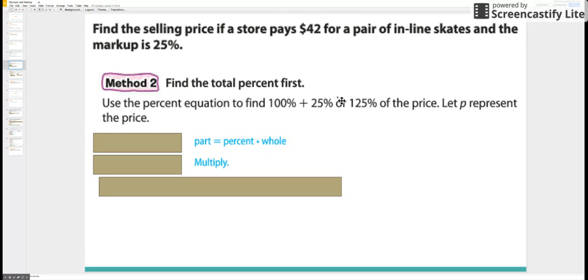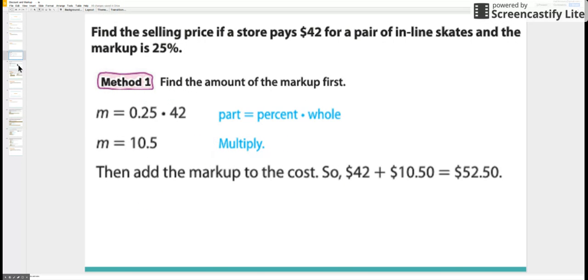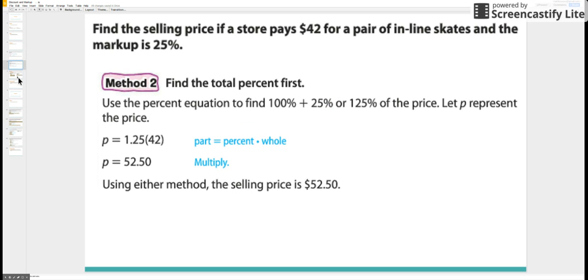All I did was add 100% plus 25% to get 125%. So figure out what is 125% of $42. Move the decimal over 2 places to the left to get 1.25 times 42. Multiply and you get $52.50. So using either method, the selling price ends up being $52.50.